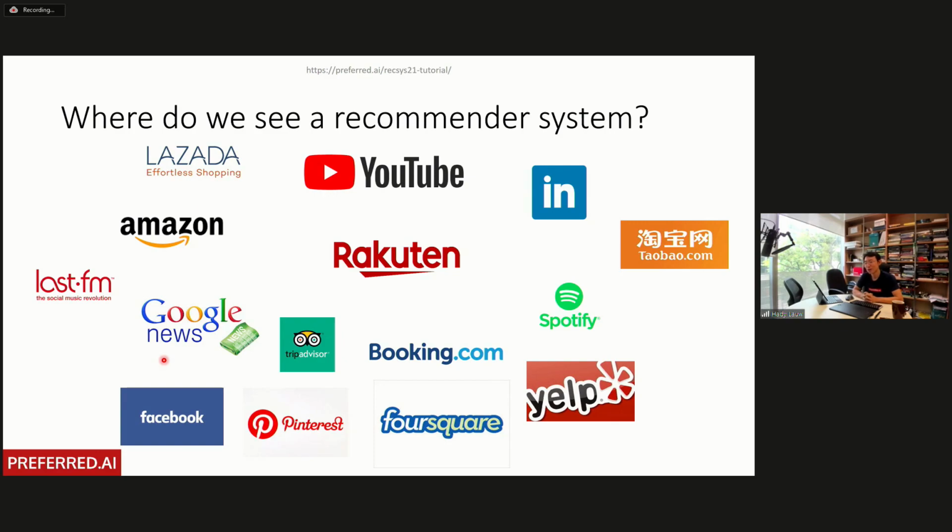Now, the key problem that recommender systems usually have is the shortage of data. We usually call it the cold start problem. The cold start problem begins with the idea that a lot of the users are probably new to the system, or a lot of the items are new to the system. Every day there are so many new videos on YouTube, new users to LinkedIn. A lot of these online systems are still growing, gaining users.